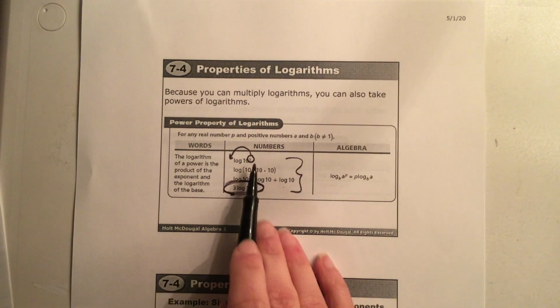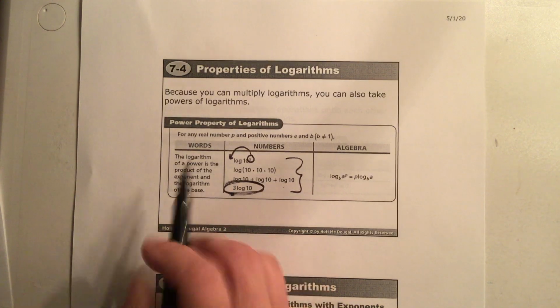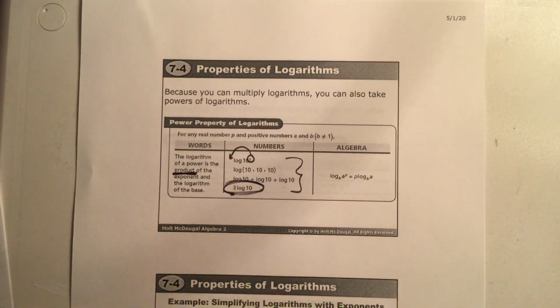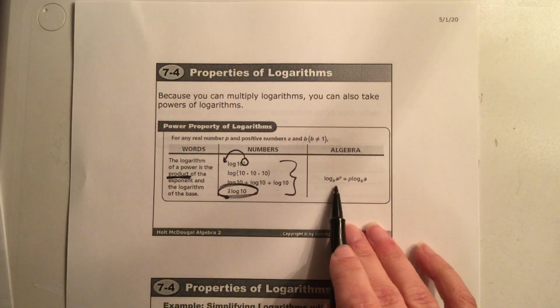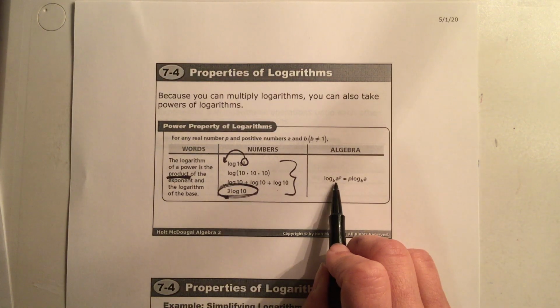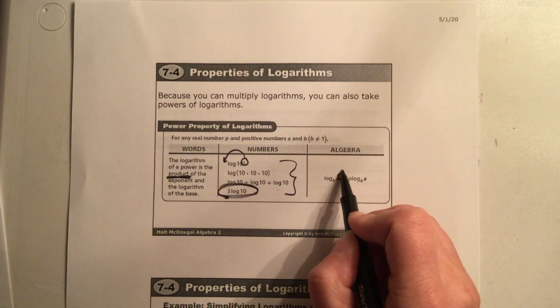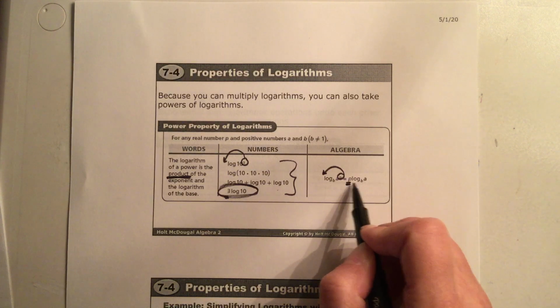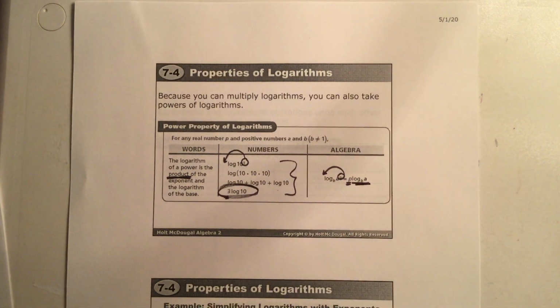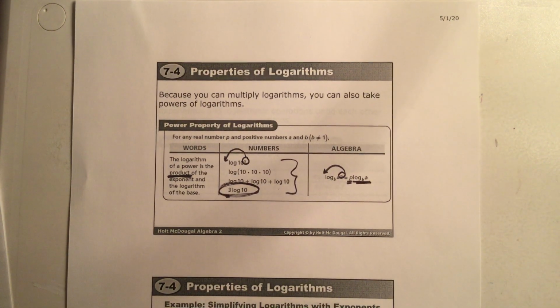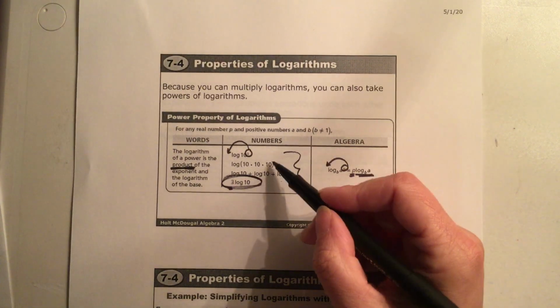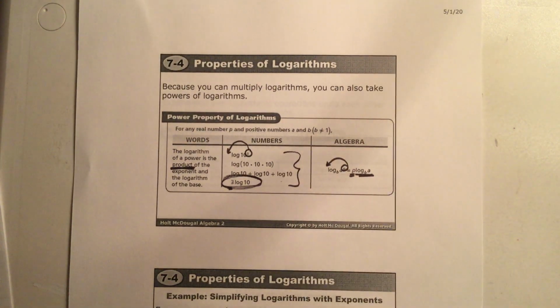So exponent on a log comes out front as a product. You are multiplying it. So using variables, if I have log base b of a to the power of p, p is an exponent on a log, so it comes out front, so it's p times the log base b of a. So again, it is a product, exponents come out front. This is why it works the way that it works.